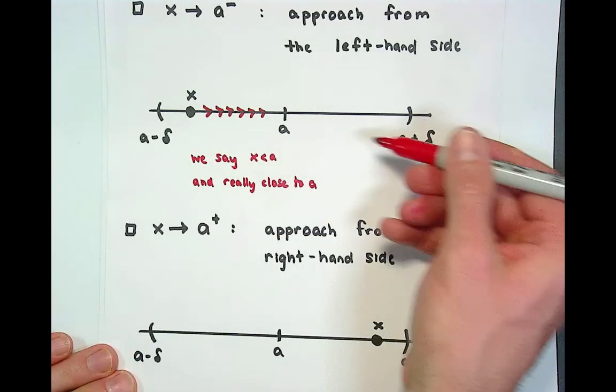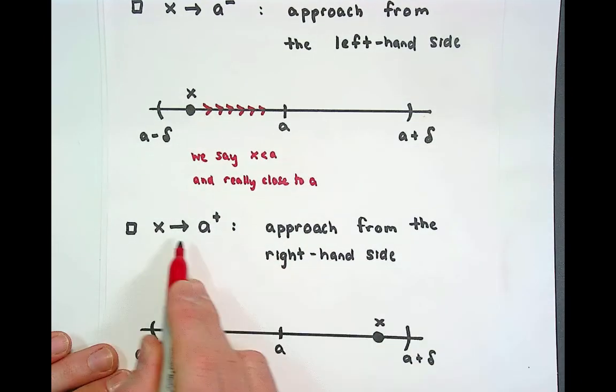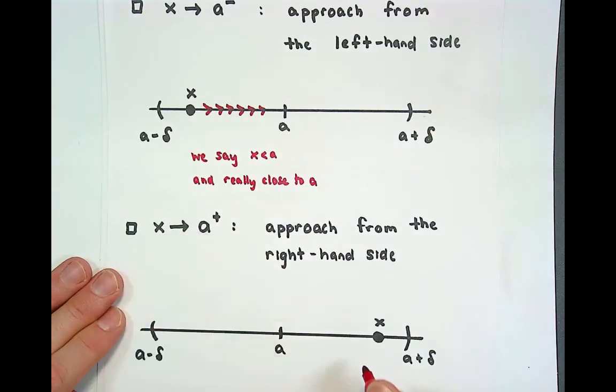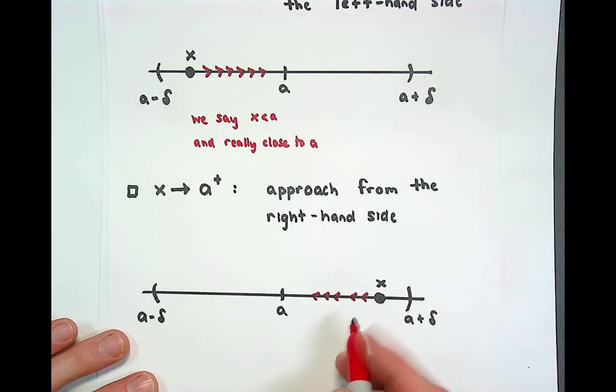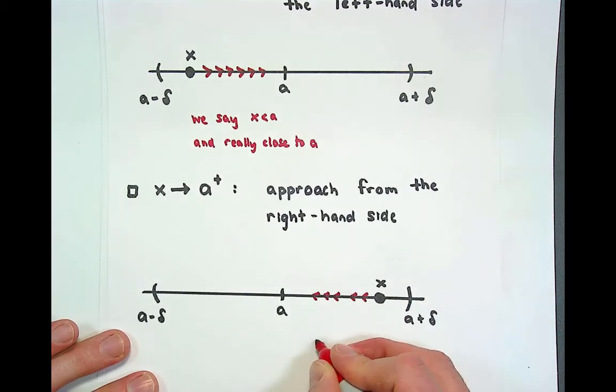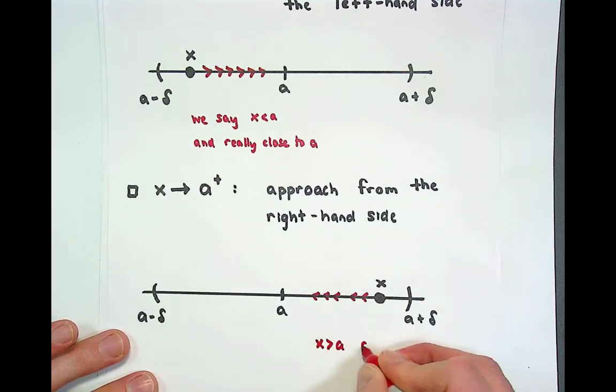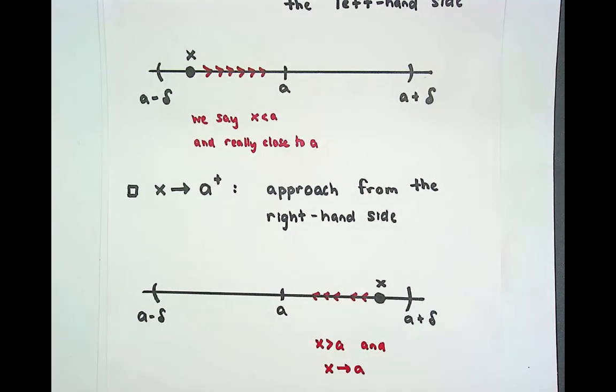The other direction, because it's only a one-dimensional input, is that x approaches a from the right-hand side, which means we're within some distance, and as we get closer and closer to a, f of x hopefully will get closer and closer to L. So here, x would be greater than a, and x approaches a. And that's how we figure out what the limiting behavior was.